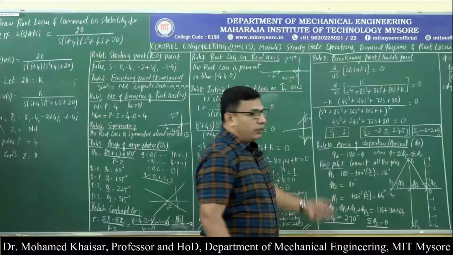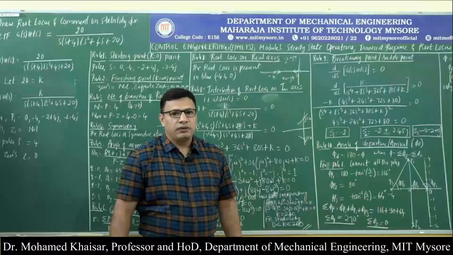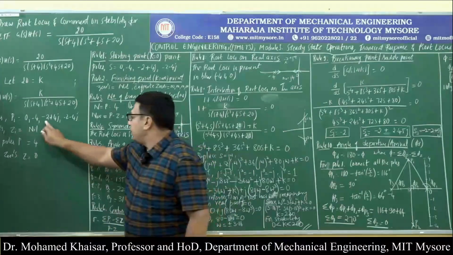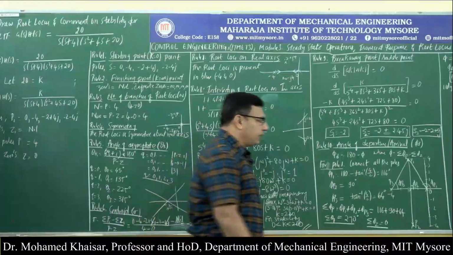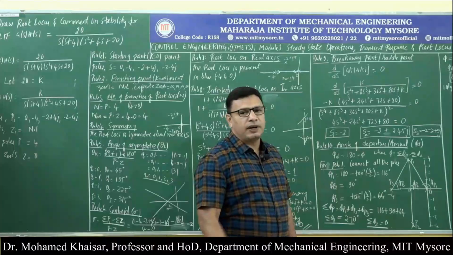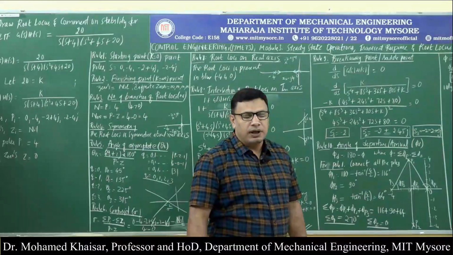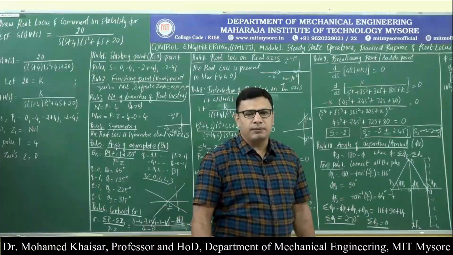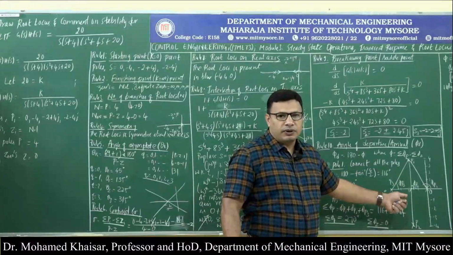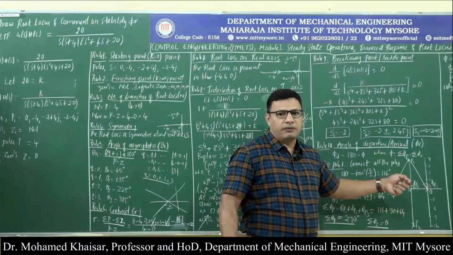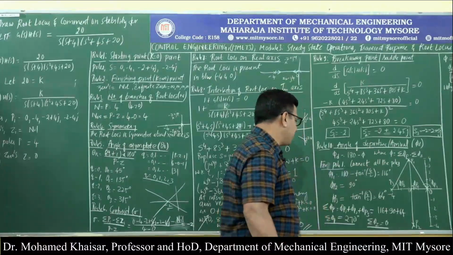Then we know that there are 2 complex poles, one at minus 2 plus 4j, the other at minus 2 minus 4j. Then obviously angle of departure is going to be applicable. Angle of arrival will not be applicable because those are the poles, the starting points, not the zeros, so only angle of departure is applicable.